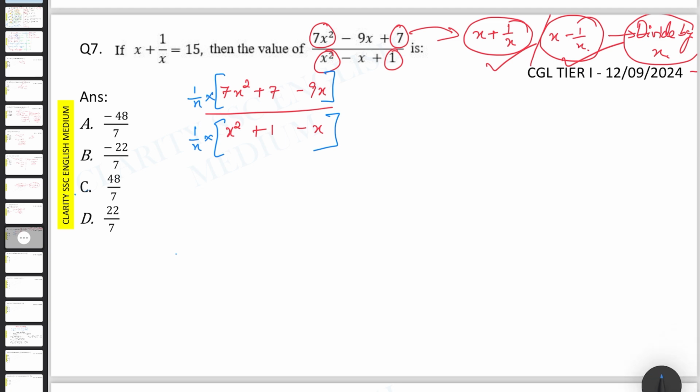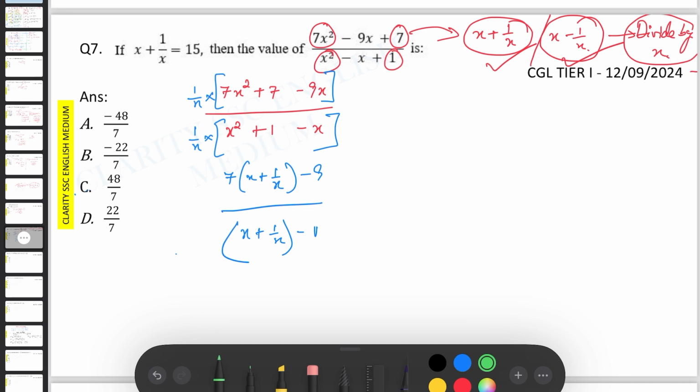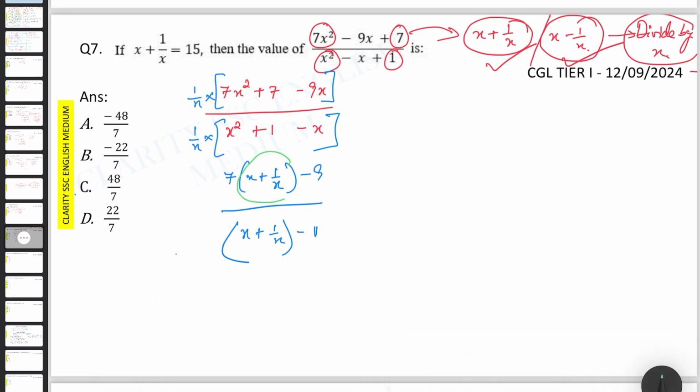In the numerator, we'll get 7 times x plus 1 by x, minus 9. And in the denominator, we'll get x plus 1 by x minus 1. Once we get this in the form of x plus 1 by x in both the numerator and the denominator, and the value of x plus 1 by x is 15, put this here.